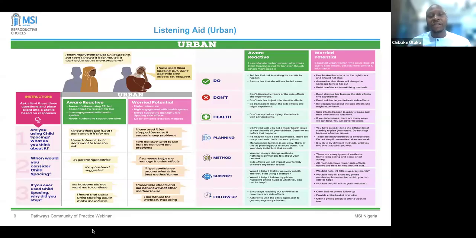So basically, it was a good prompt in one page that encapsulated every single thing that would help a provider do proper counseling in a shorter time, and speak specifically to the particular woman. Next slide.